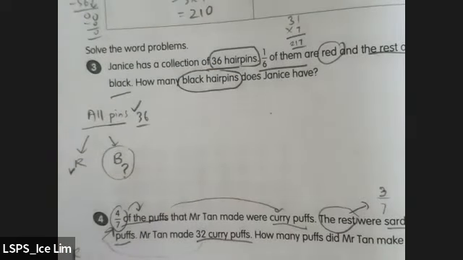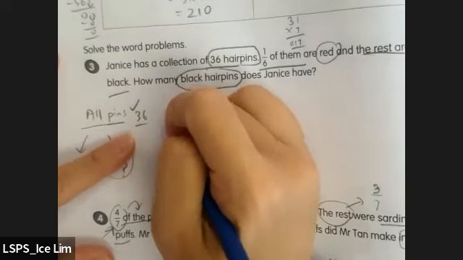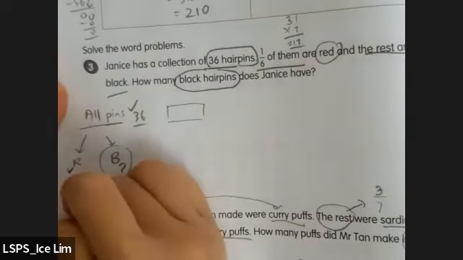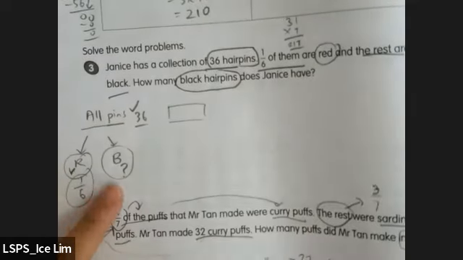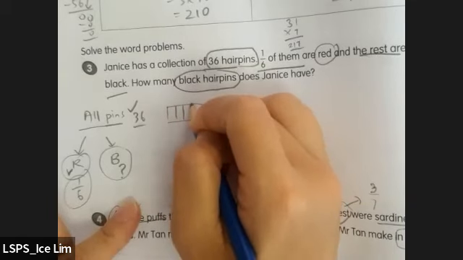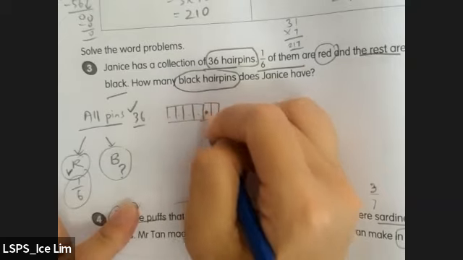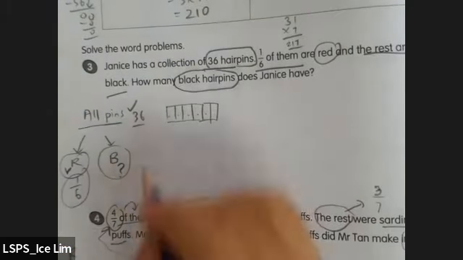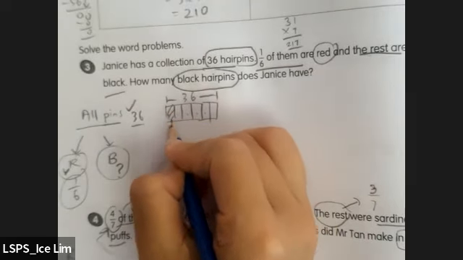So which method will I choose? I can do the unitary. How many units is it? Because I look at the denominator for the rate: 1, 2, 3, 4, 5, 6. 6 units. 6 units is all the pins, 36 pins. 1 unit is red.